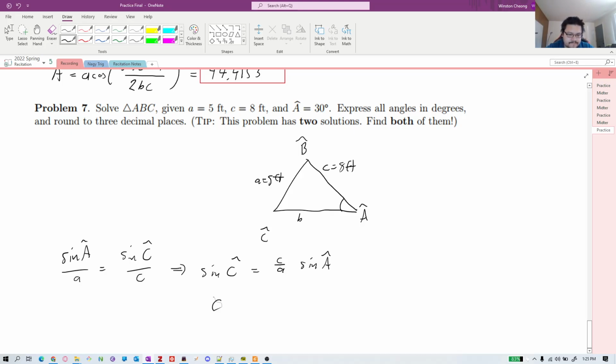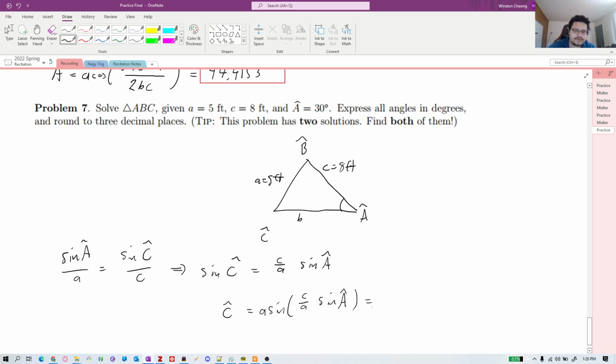So, C hat equals arc sine of this, C over A sine of angle A.